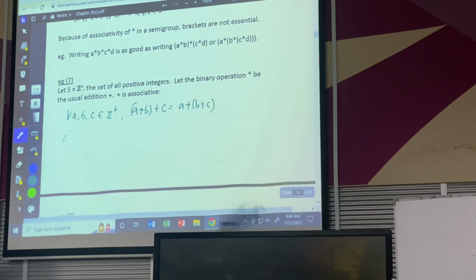Okay, so we can make a conclusion saying that the set of positive integers with the operator plus is a semigroup.